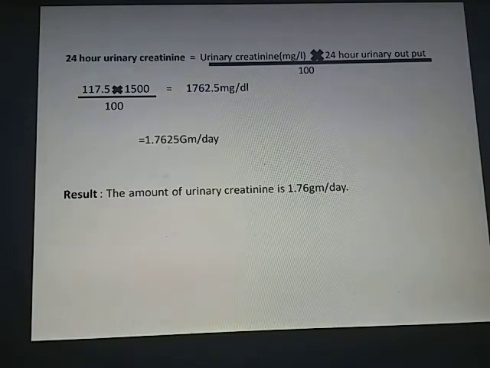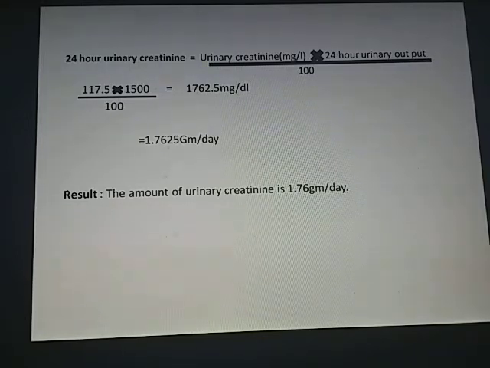The 24-hour urinary output is taken as 1500 ml, because the urine output of a normal person ranges from 1200 to 1800 ml per day. If we take the average value, it is 1500 ml per day. So if we substitute, it is 117.5 into 1500 by 100.